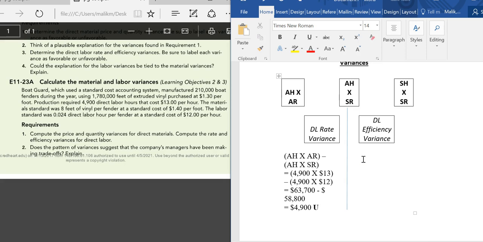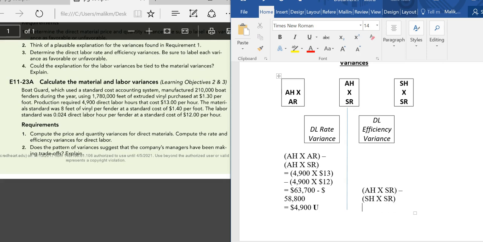Now we will find out the direct labor efficiency variance, and again it is the comparison between box number 2 and box number 3. So in box 2 we have actual hours times standard rate, and in box 3 we have standard hours times the standard rate.